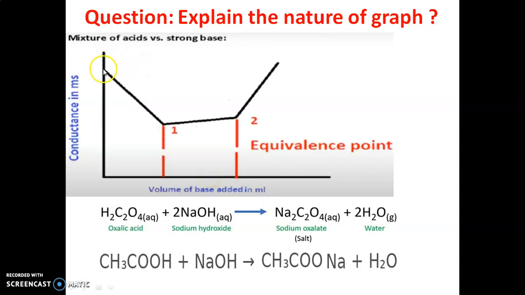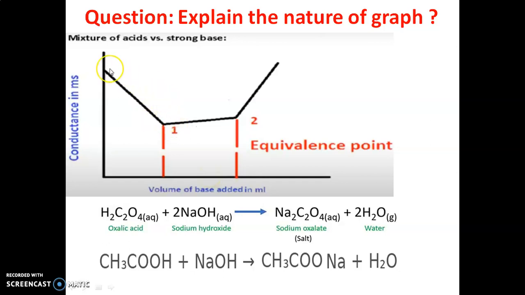After the addition of NaOH, the first reaction takes place between NaOH and oxalic acid. After addition of NaOH, the fast moving H plus ions are replaced by slow moving Na plus ions. Hence the conductance decreases up to equivalence point 1.